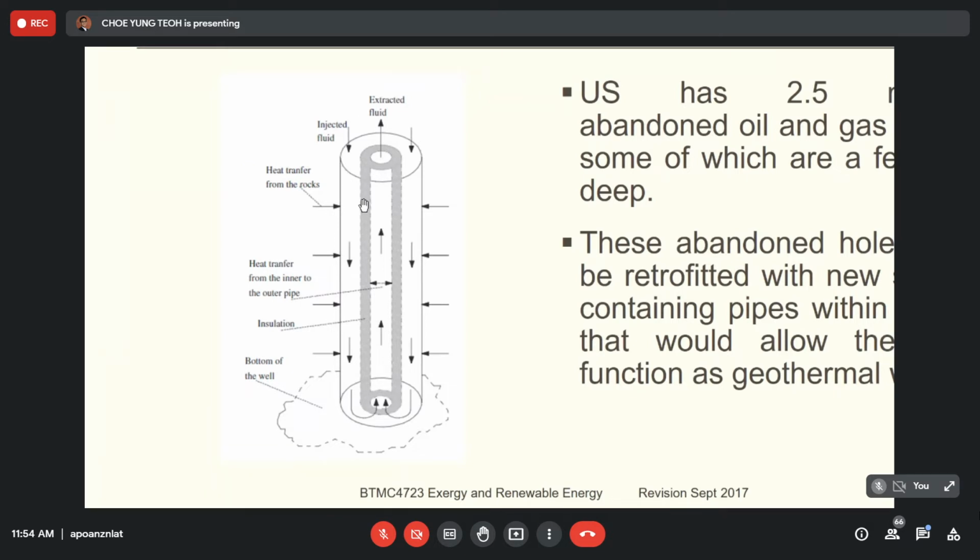Of course, you have to do the proper insulation, because you do not want the hot fluid that you want to transfer out being cooled down by the fluid that you transfer in. This is a problem. Actually, it's not easy, I would say.